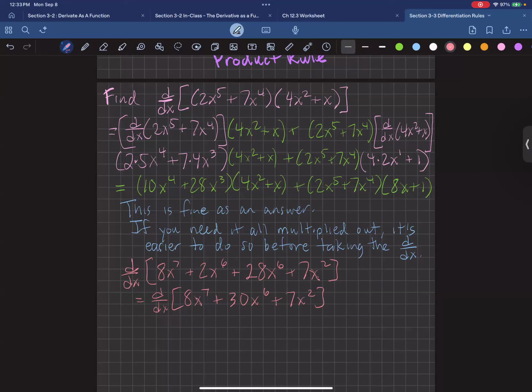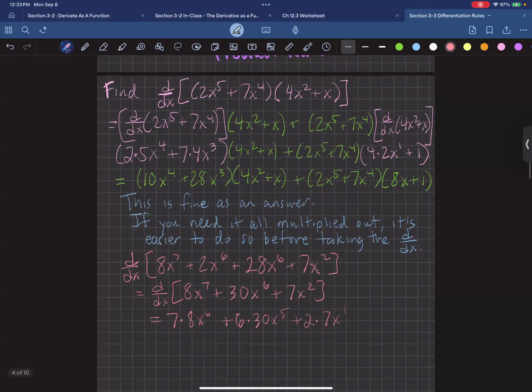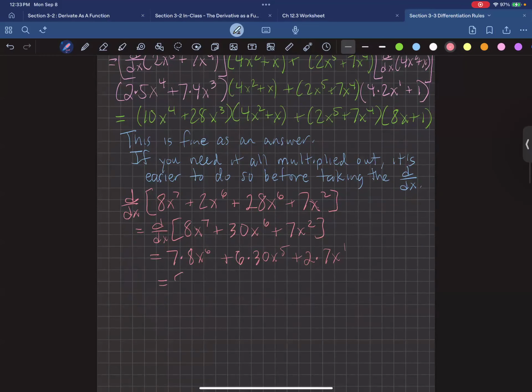And when you take the derivative here, you have 7 times 8x to the 6th plus 6 times 30x to the 5th plus 2 times 7x to the 1st, 56x to the 6th plus 180x to the 5th plus 14x. If you multiply this out, you should get that. Notice it's easier to take the derivative after multiplying if you need it all worked out.